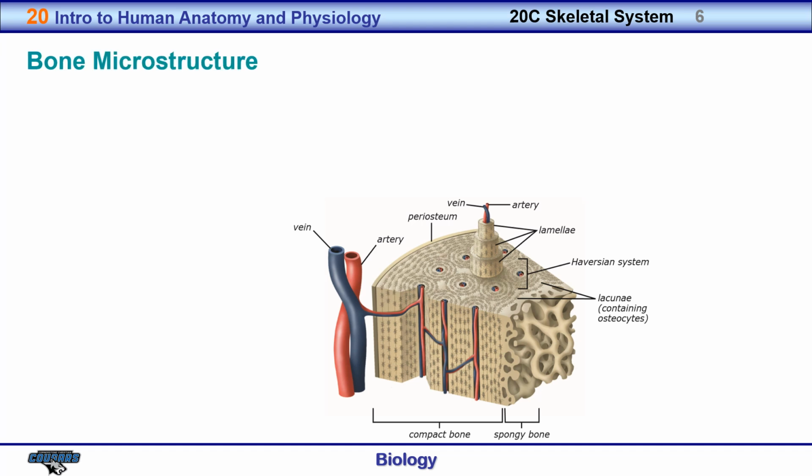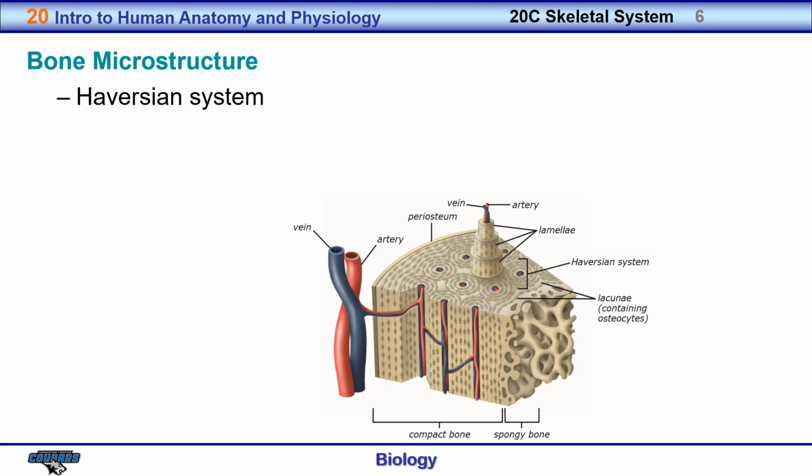The bone microstructure: most bones have a veneer of compact bone tissue covering the spongy bone tissue, and a common feature of all compact bone is the Haversian system. The Haversian system, as you can see in the diagram, is like a set of concentric circles.